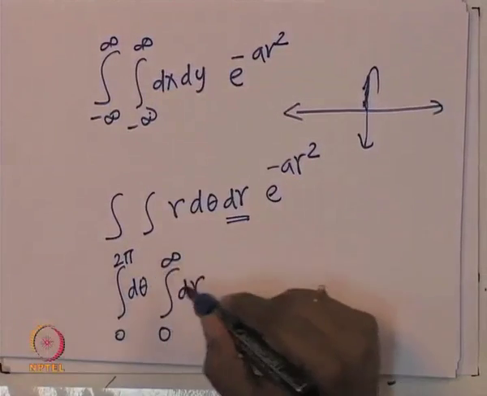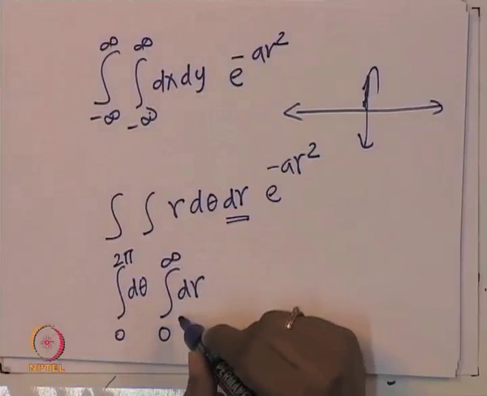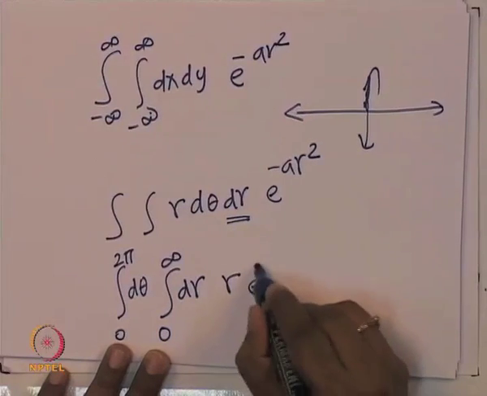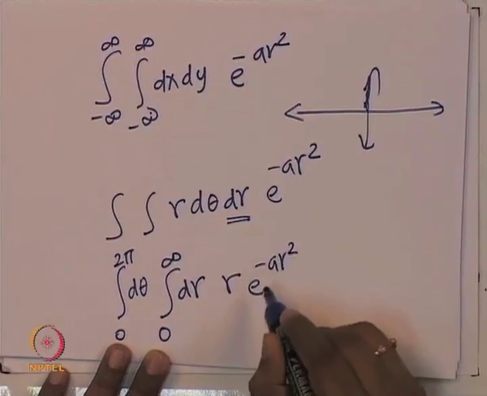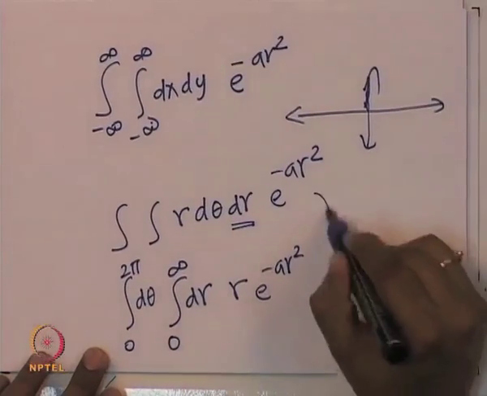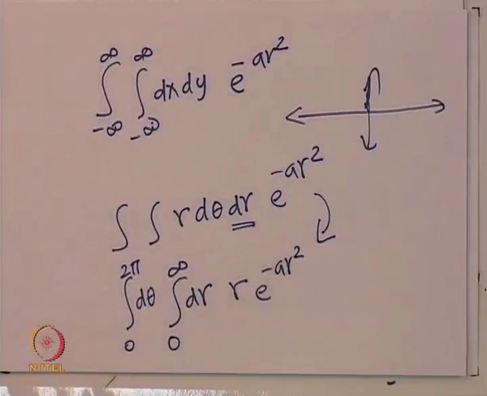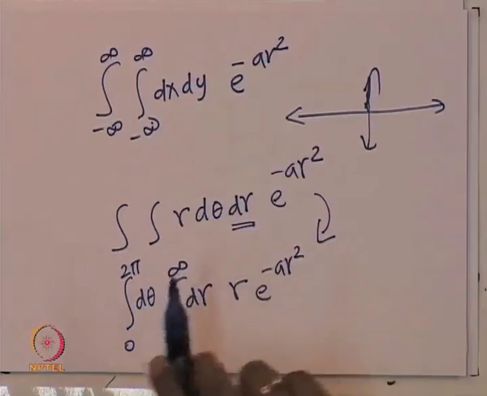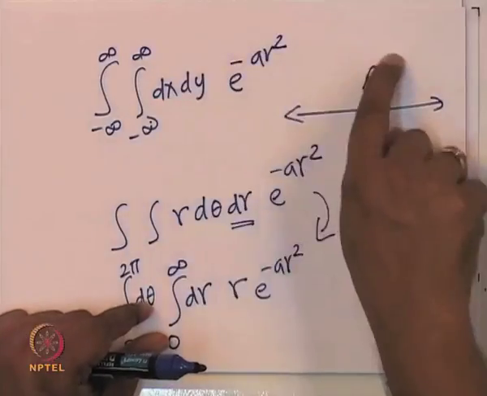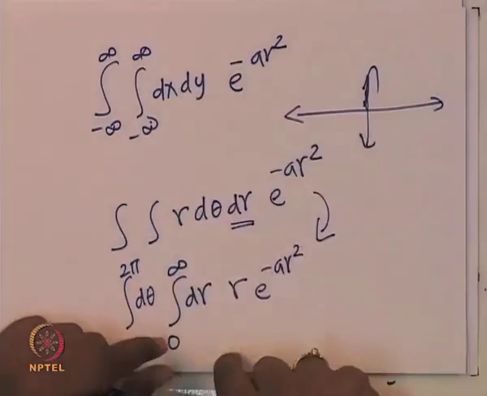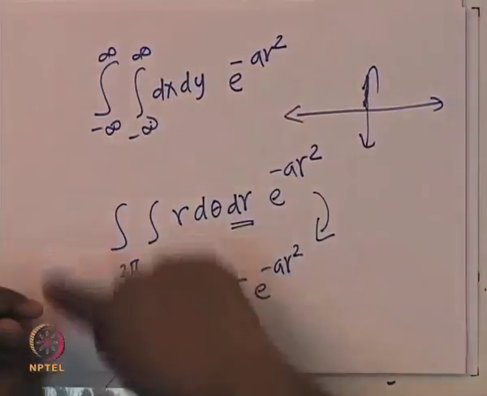So, 0 to 2 pi for theta and 0 to infinity for r, and then you have r e power minus a r square. We just rewrote everything and put in the right limits. Instead of minus infinity to infinity, here r will go from 0 to infinity and theta will go from 0 to 2 pi.